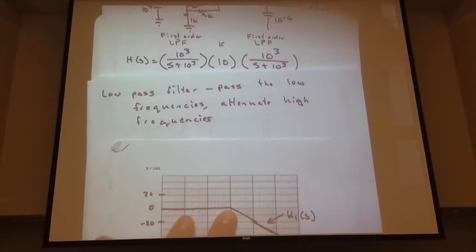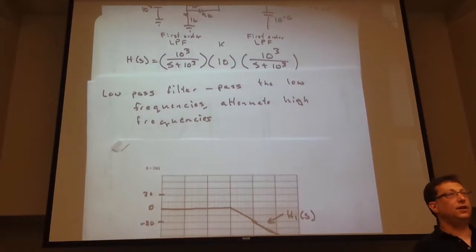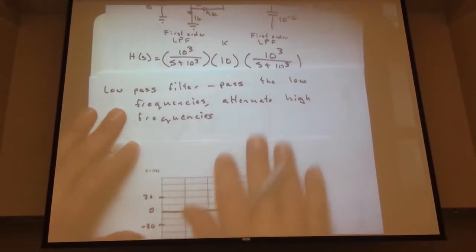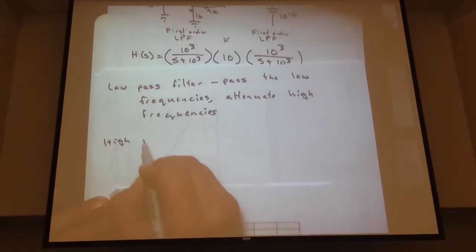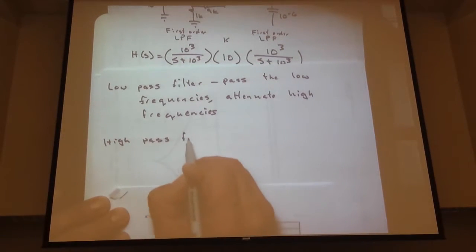And so remember, the transfer function is the ratio of the output to the input. So at low frequencies, V out over V1 is 1. And if that's the case, then the output amplitude equals the input amplitude, and we're passing it. Does that answer your question? And on the same token, we can say high pass filter is the inverse of that.